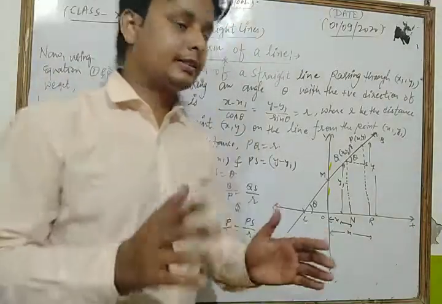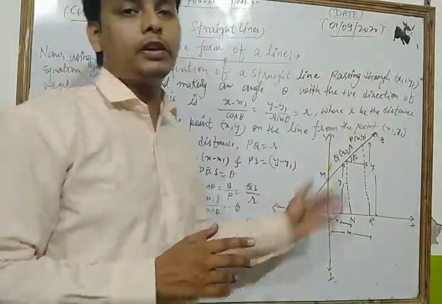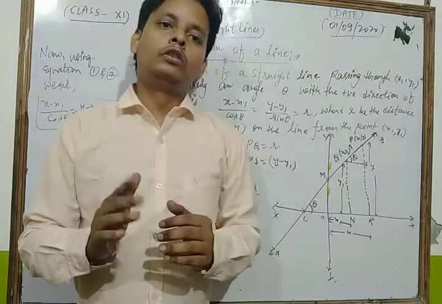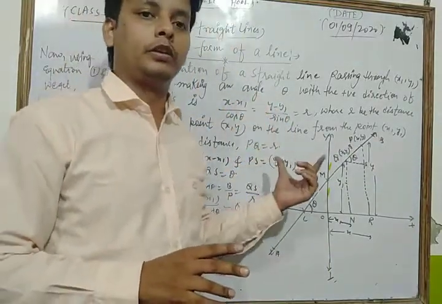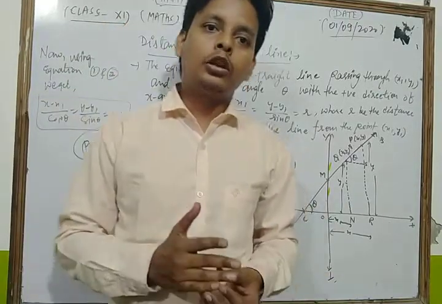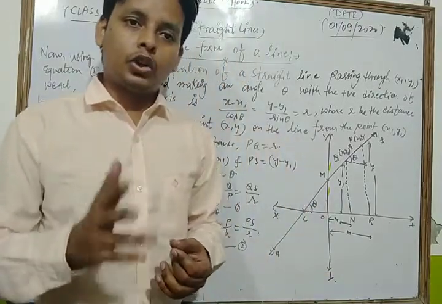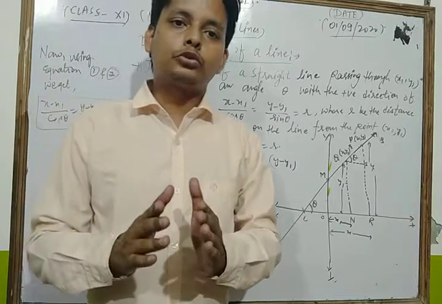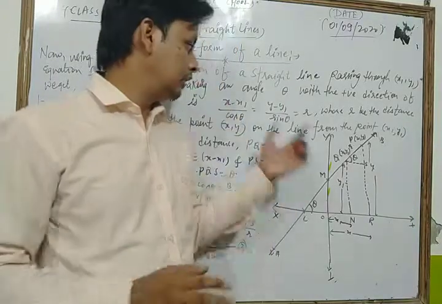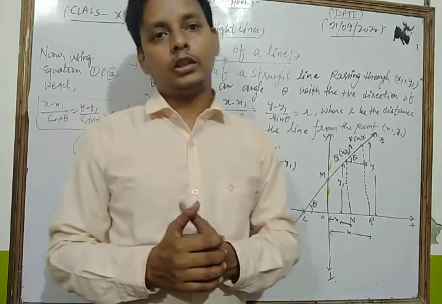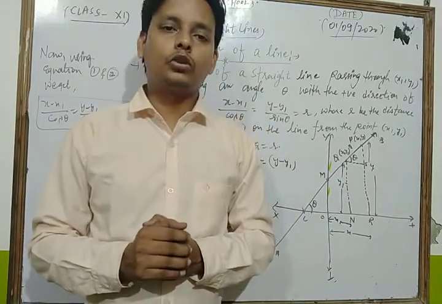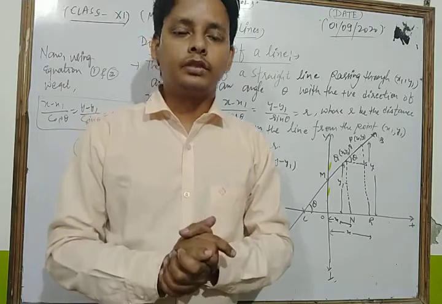After that, you practice this type of derivation in your copies. After that, you can solve some questions based on this topic and previous topics. And in the next class, we will solve some important questions from your NCERT exercise based on this topic. First, you revise all the topics, and you can solve some questions based on them. Thank you.